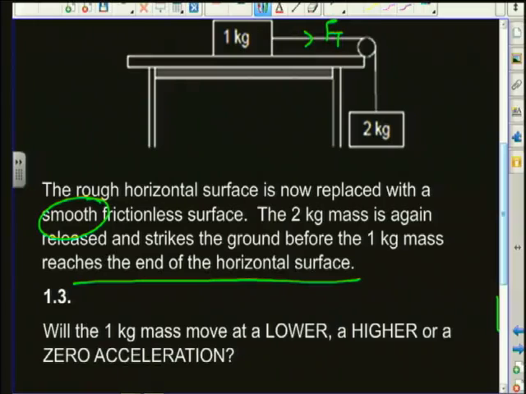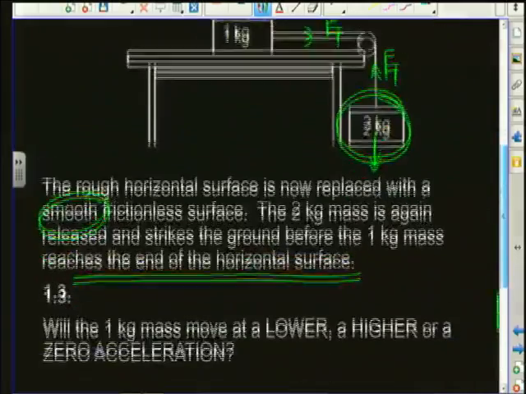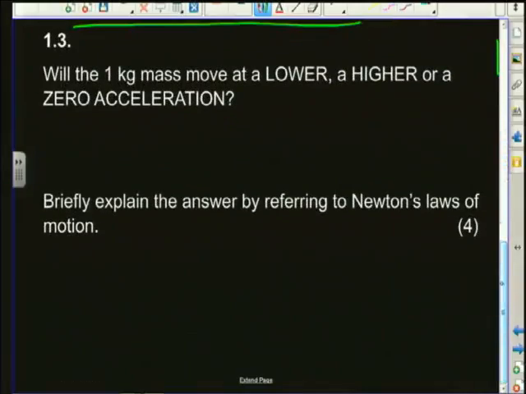So what we need to recognize is that for this 2 kilogram mass, the only force going back on it is the 1 kilogram, which is Ft. The only force acting on the 1 kilogram mass is the 2 kilogram, and let's just see what happens. So we've got to think about this.